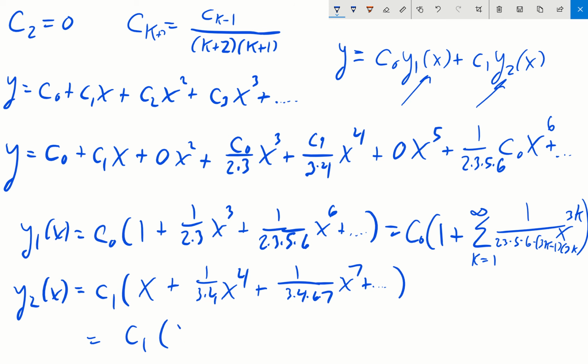So we have the C1, and if I break off the first term of x, we can write the remainder of it as the sum from k equals 1 to infinity of, now here these are all one more than a multiple of 3, so they're all of the form x to the 3k plus 1, where here actually k should start at, no, that's right, yeah, if I break the x off, it's going to start at 4, so k should start at 1.